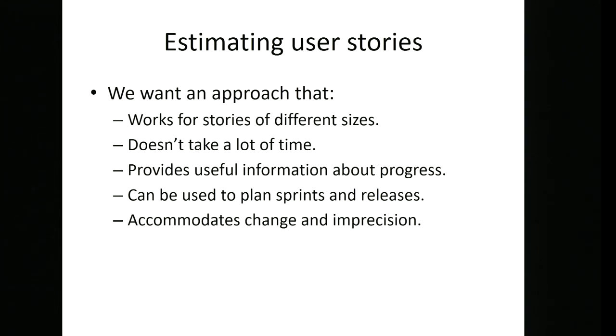And it can also be used to plan, so we've got a metric that we can use to plan sprints and releases. We also want something that is able to accommodate change and imprecision. So we're going to recognise that we're not going to get this perfect, and we want to accommodate some potential differences, and we might need a bit of slack.